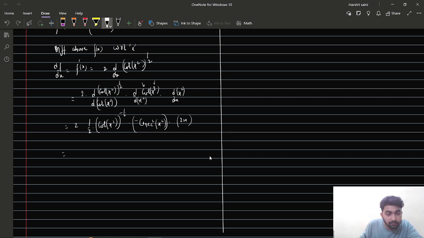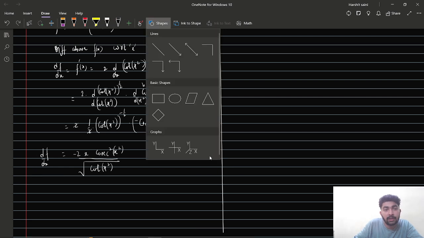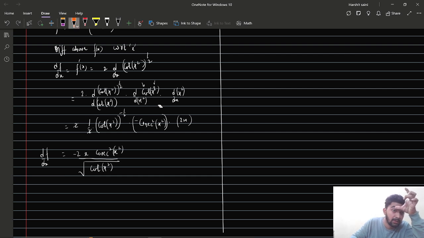The 2 cancels, and in a simplified manner we can write it as minus 2x cosec square x square, and in the denominator we have square root of cot of x square. This is your df upon dx. I hope you understood what we needed to prove here.